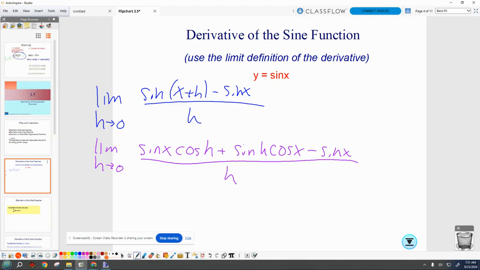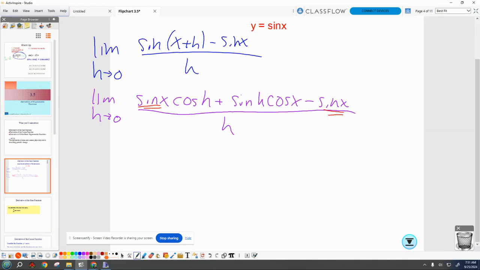Factor out sine x. Well, sine x doesn't come out of everybody, but that's a good idea. So sine x comes out of this first piece, and the very last piece does not come out of this.